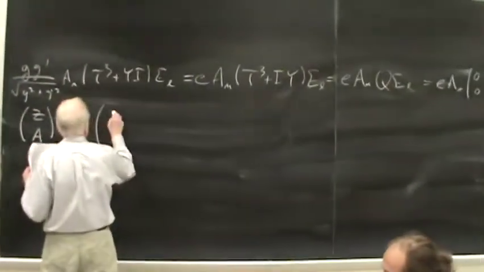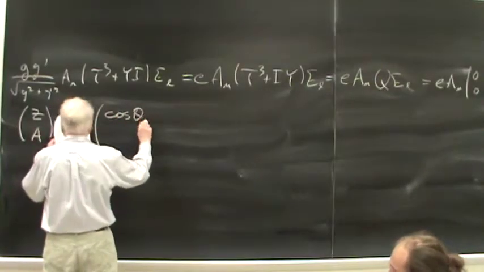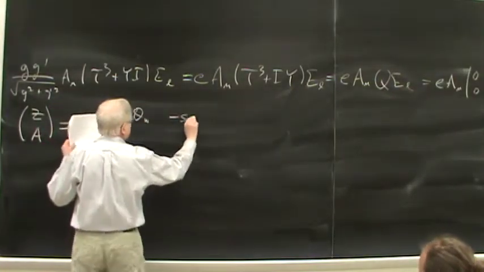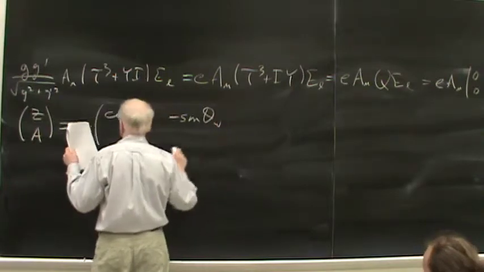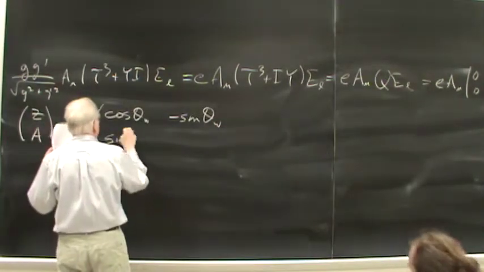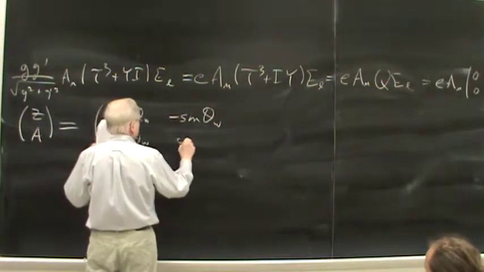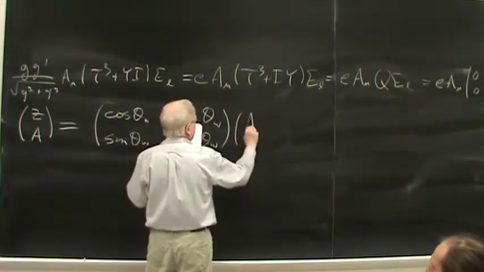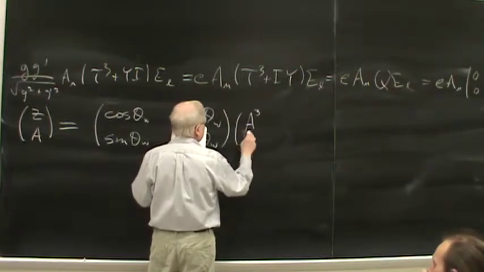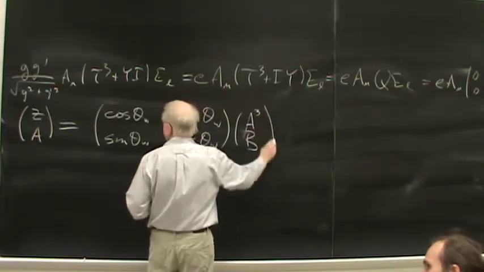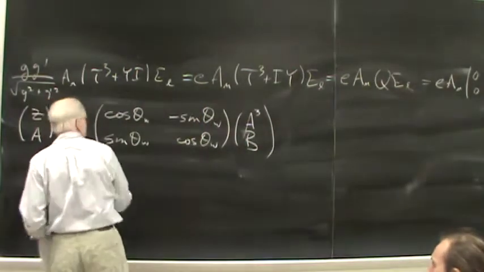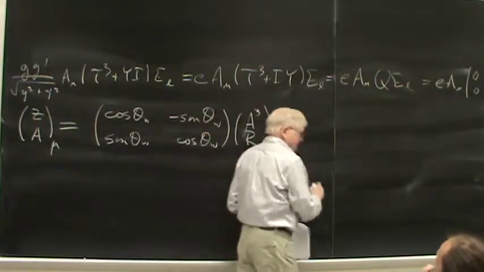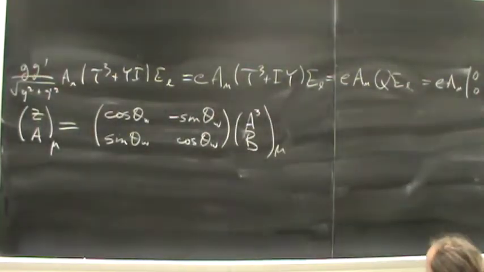And we can rewrite this as cosine theta W, minus sine theta W, sine theta W, cosine theta W, times A3, B. And of course, if you want, you can put a space-time index on this. All right, so the gauge fields are related this way.